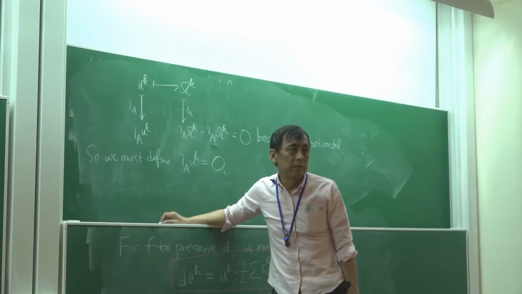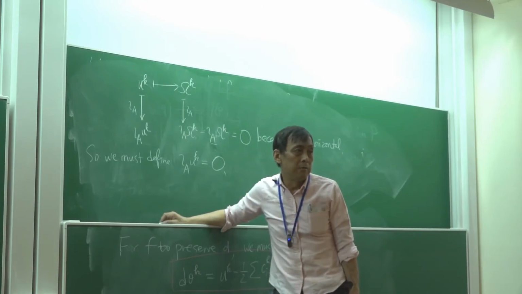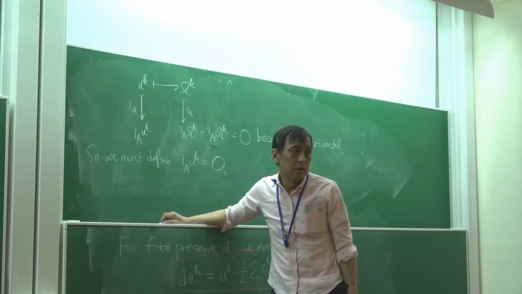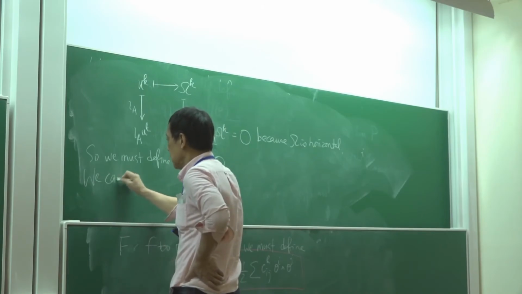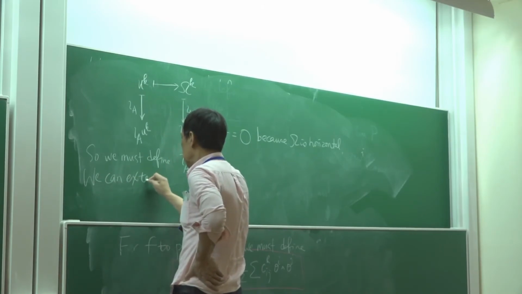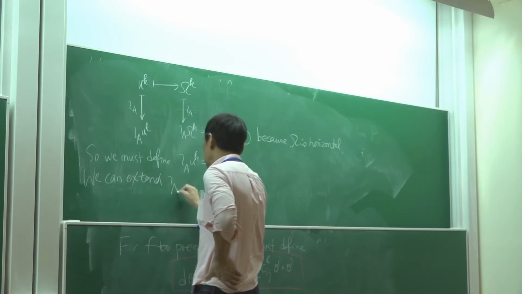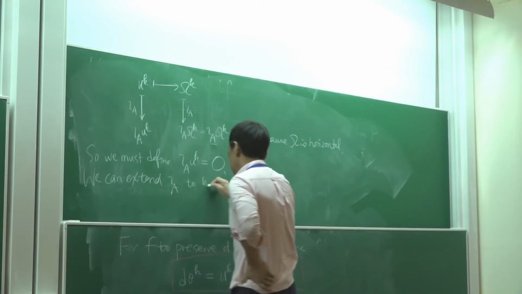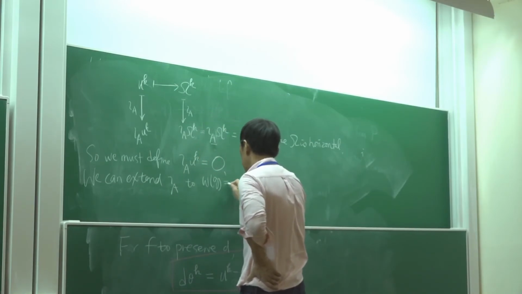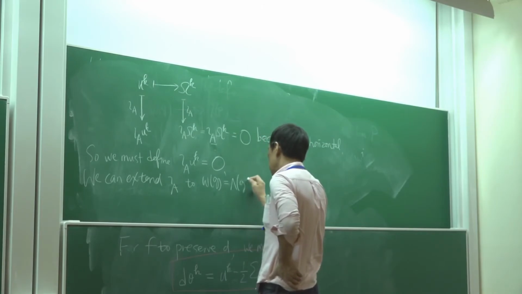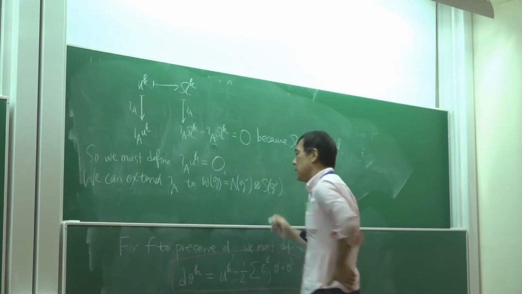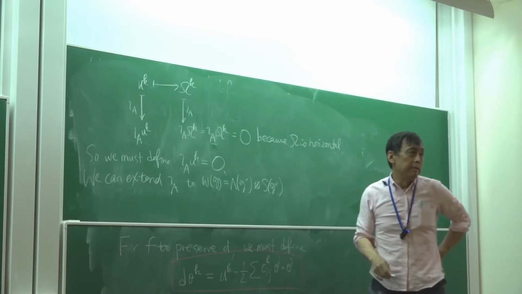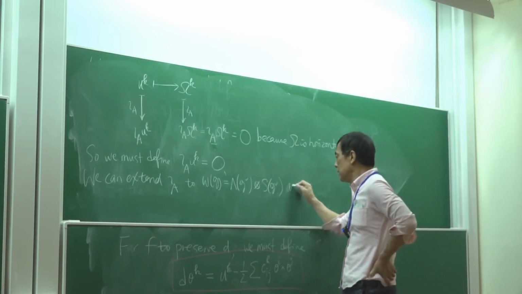Okay, now you know how to define IA on the generator. Again, you can extend it to the Weil algebra as an anti-derivation.